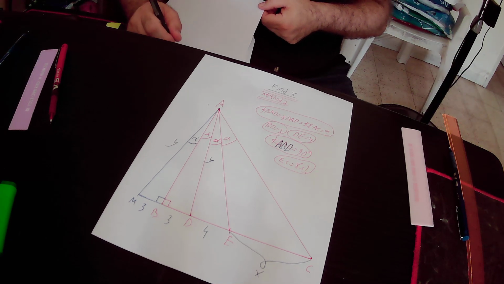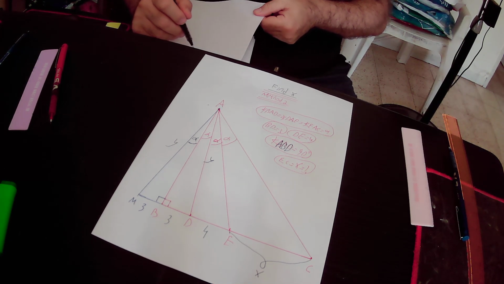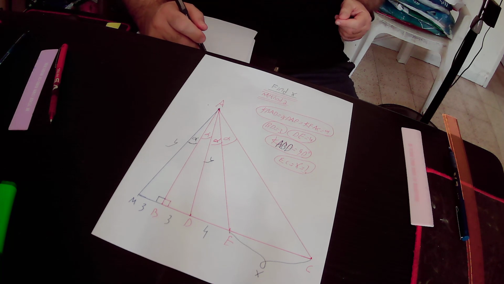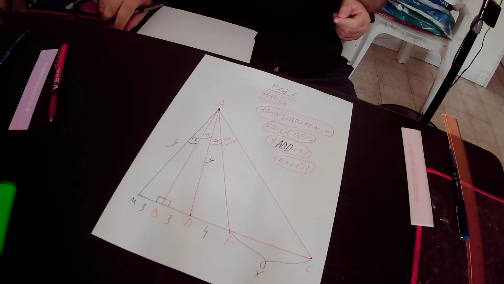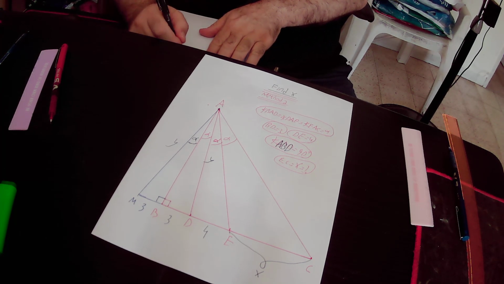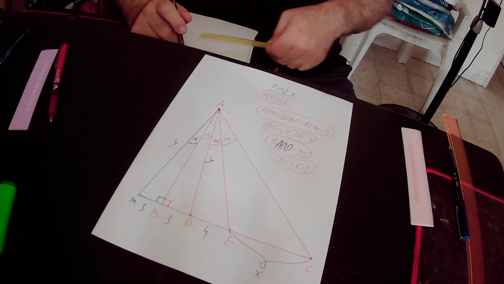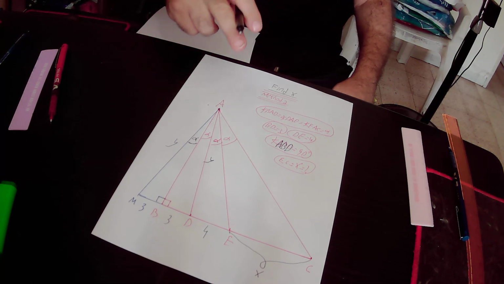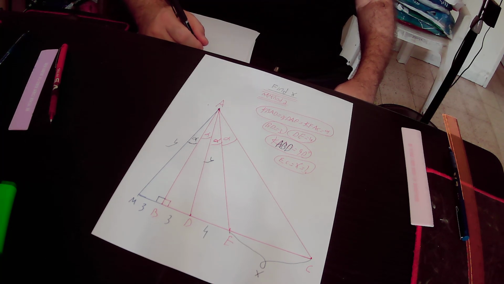In the next step we will focus on triangle ADC. So in triangle ADC, we know that AE is angle bisector.